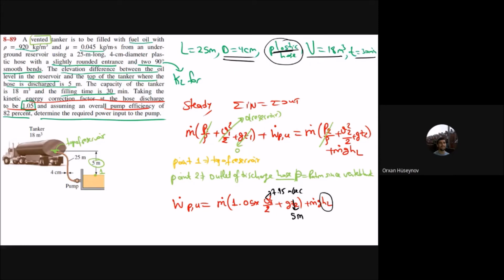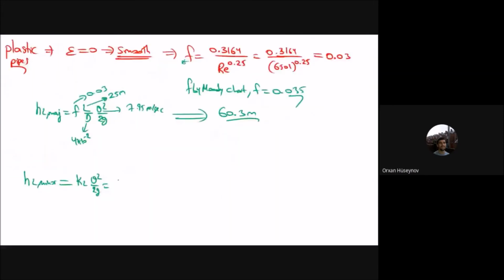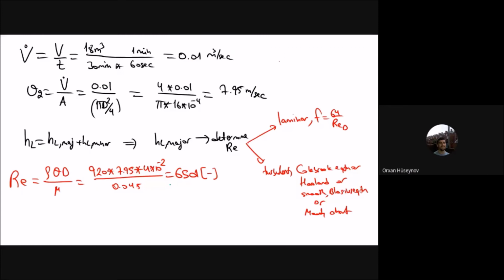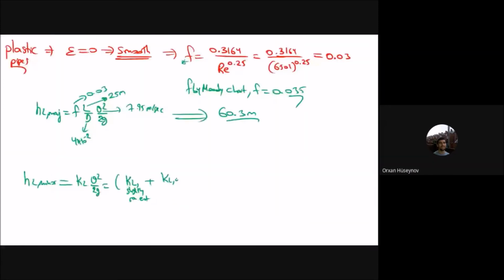So we have to look for, there are actually 3 KL values. KL, I should look for that slightly rounded entrance, plus KL for 90 degree bends. We should look for 90 degree bends. But this is 2 times. I will take one of it and multiply by 2.